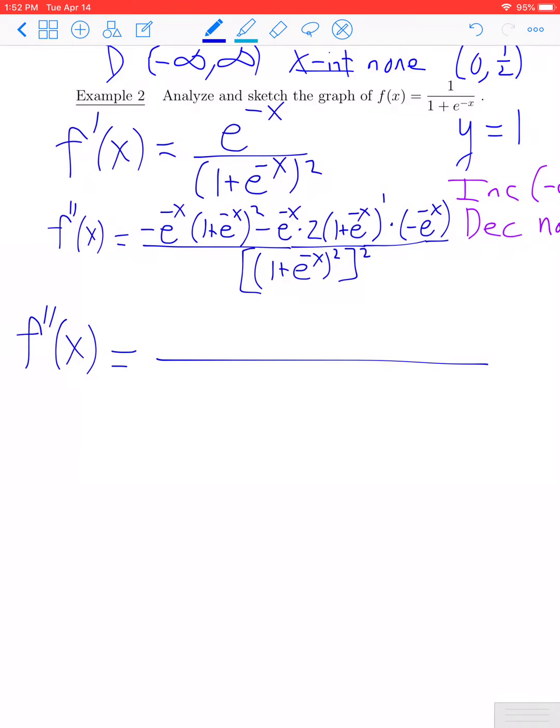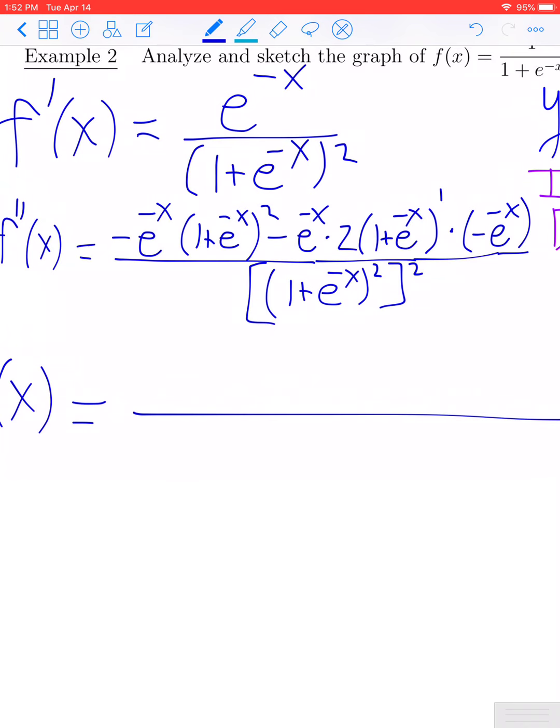In order to simplify this, let's pull out a GCF from the numerator. Maybe let's combine a few things first here, just so it's not so much. We have a negative e to the negative x times (1 plus e to the negative x) squared.